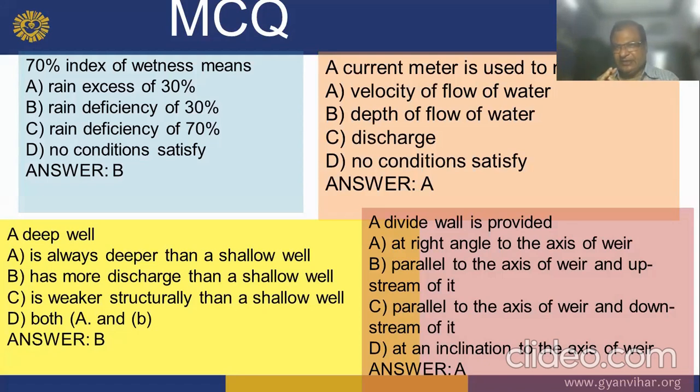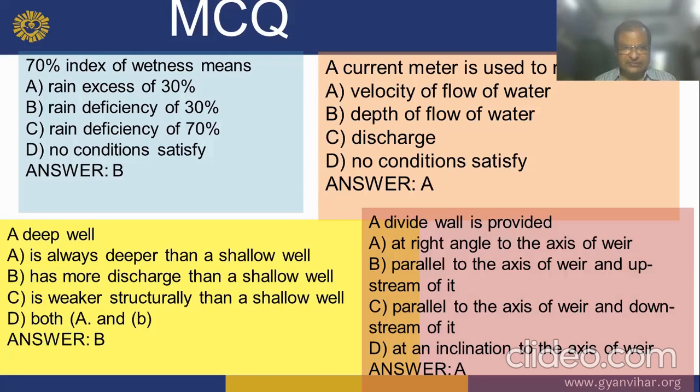A current meter is used to measure the velocity of flow of water; the correct answer is A. A deep well always depends on a shallow well. What is the correct answer?